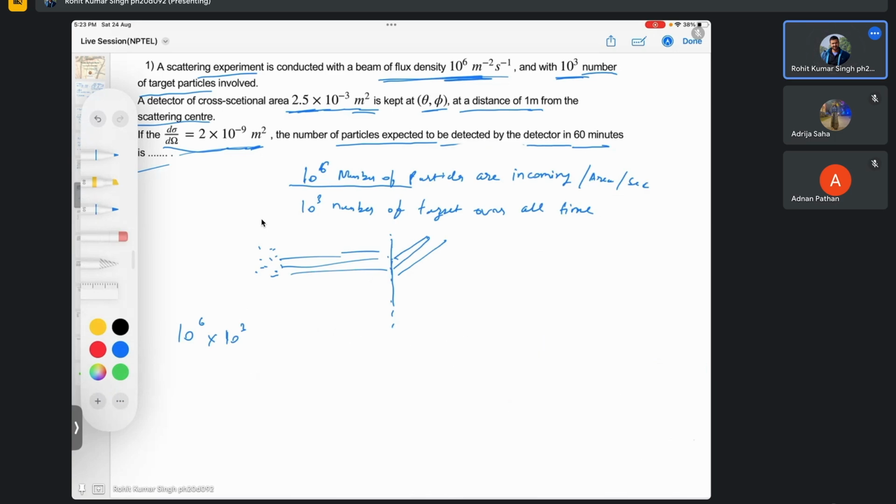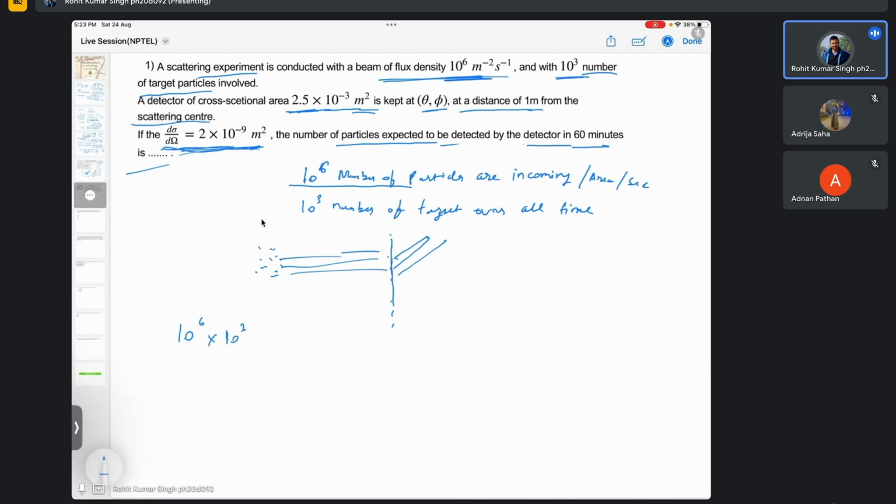What cross section means is the probability of interaction. 10 to the power 6 particles are coming and hitting, but all of them are not interacting with the target particles. So we are multiplying the cross section; only this much should interact with the target. This is the probability of interaction, so we are multiplying it.